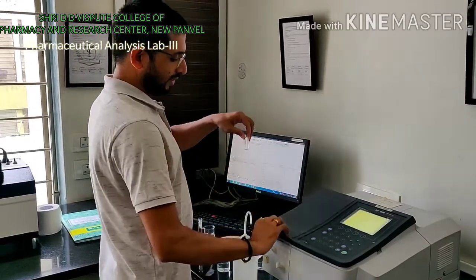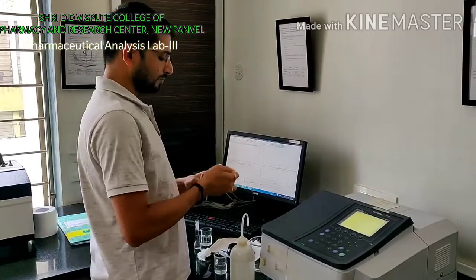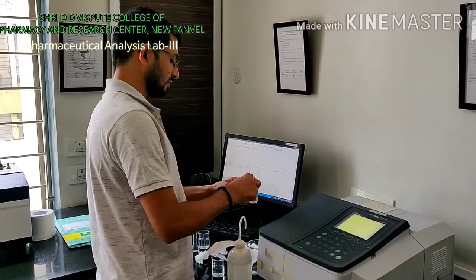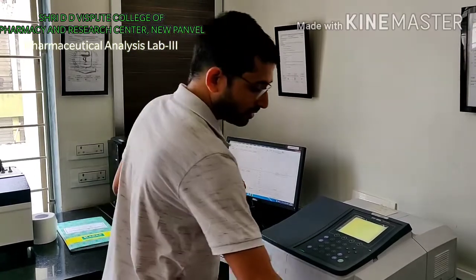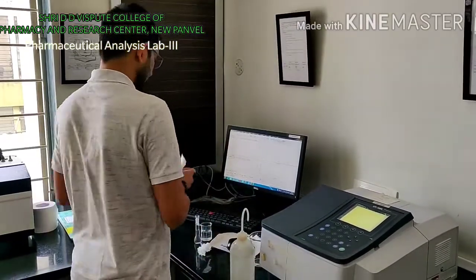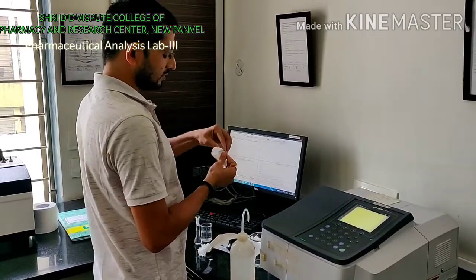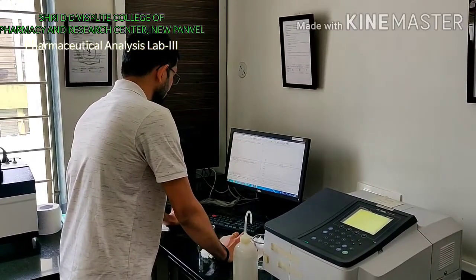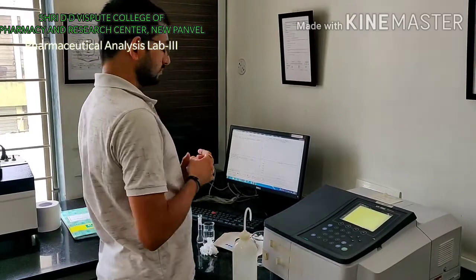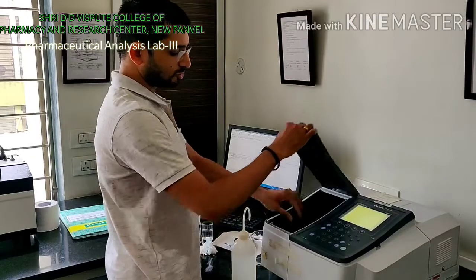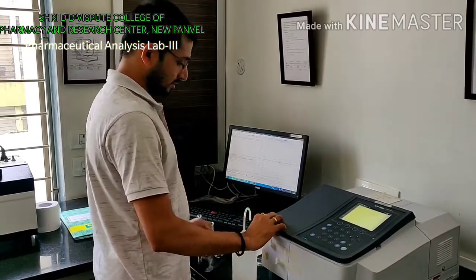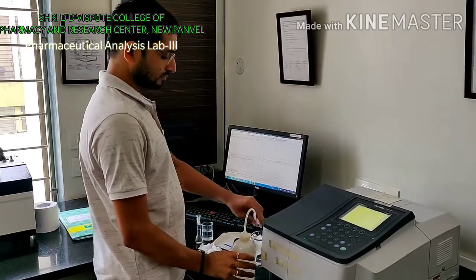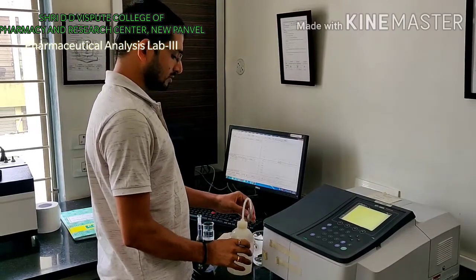Then remove your sample cuvette only and fill in solution B, and measure the absorbance of solution B. After measuring, remove both cuvettes again and clean with distilled water.